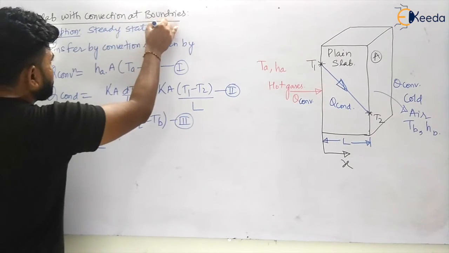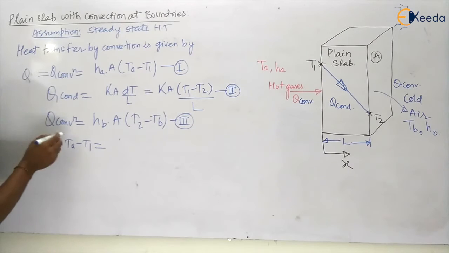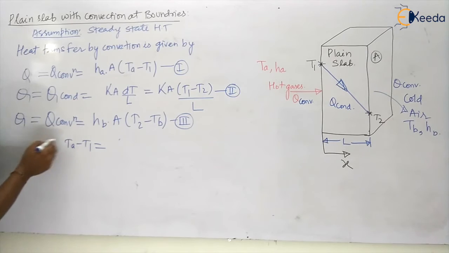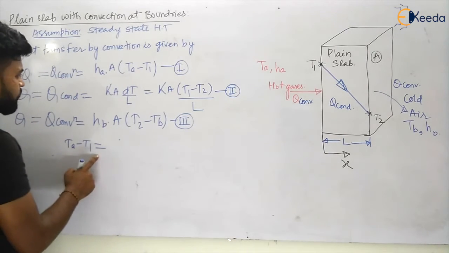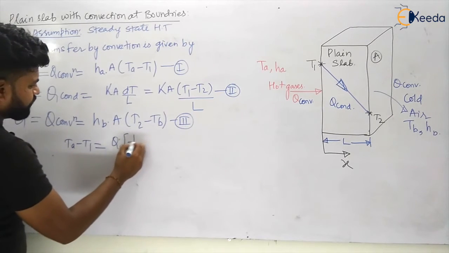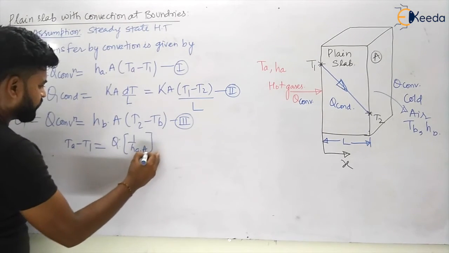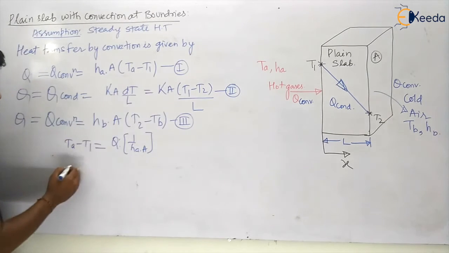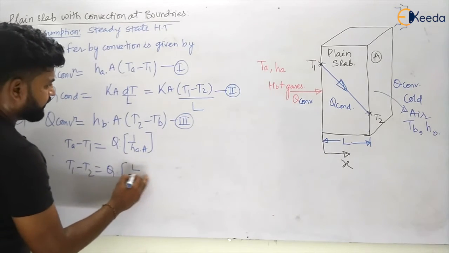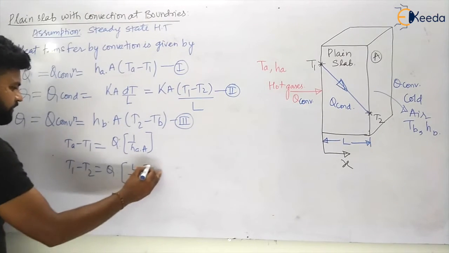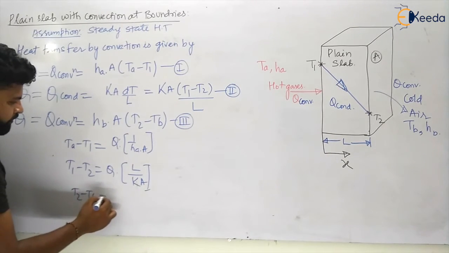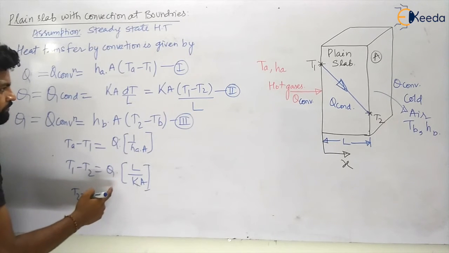So when there is steady state heat transfer, all the heat will be equal to Q. So TA minus T1 will become equal to Q into 1 upon HA into A. Okay, and T1 minus T2 will become equal to Q into L by kA. Okay, my dear students. So again, T2 minus TB is equal to what?